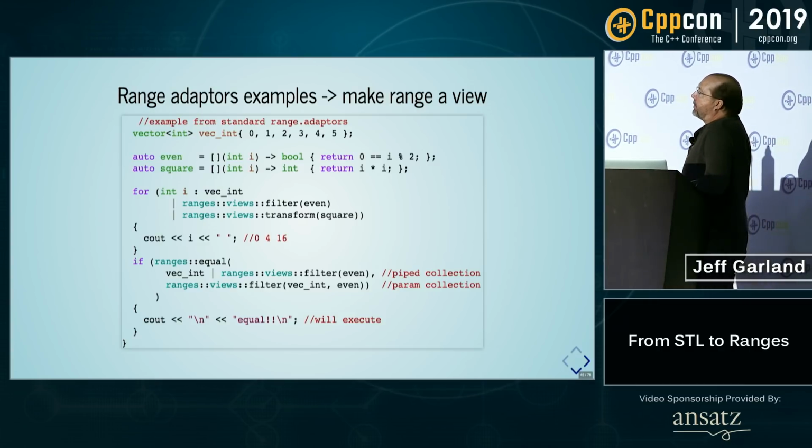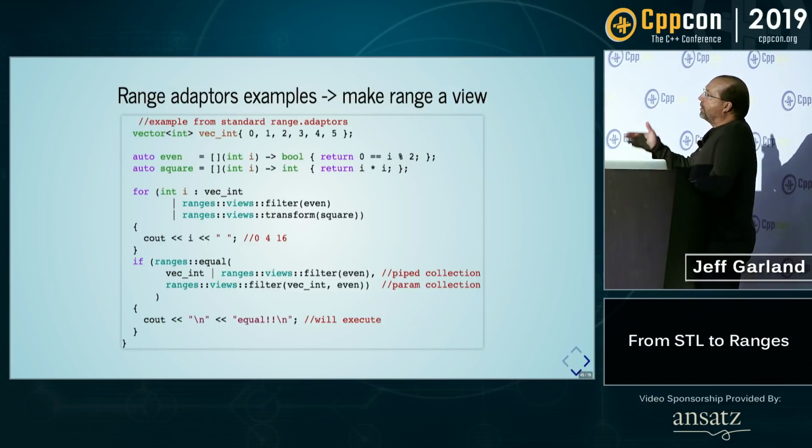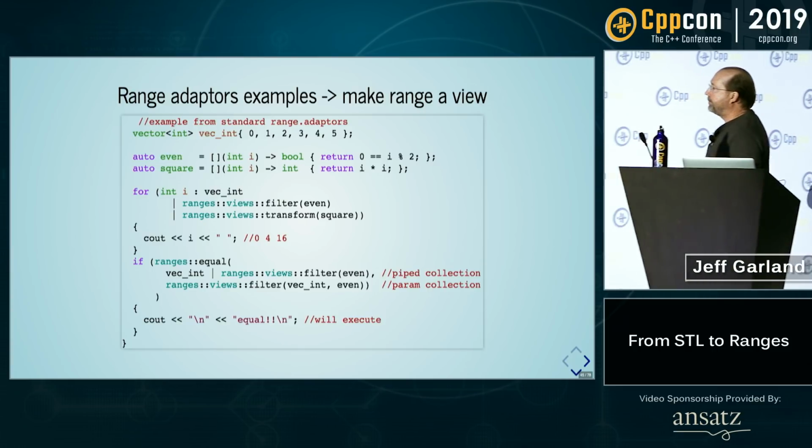So I have the vector of int again, and I have a predicate called even, and then a lambda that will square the value of the input. And in the top loop here, we have a for, and we have the vector of int piped to an adapter for the filter of even, and then transform of square.